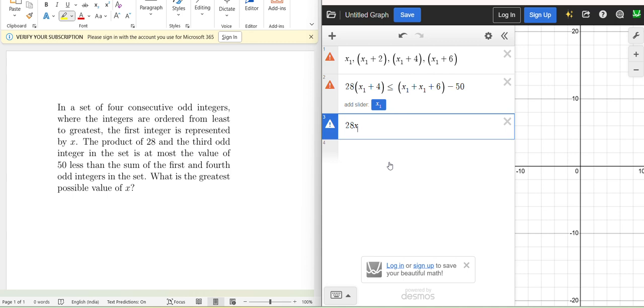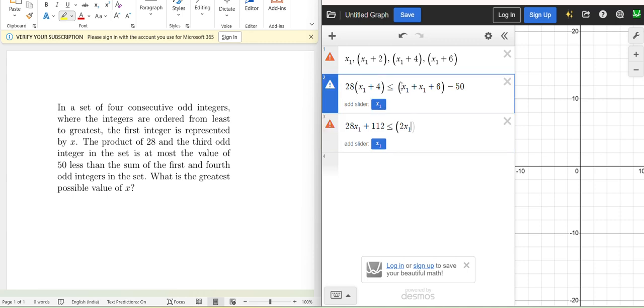So we'll do 28x1 plus 28 into 4, which is 112, at most 2x1 plus 6 minus 50.